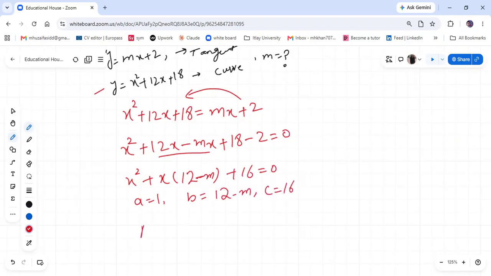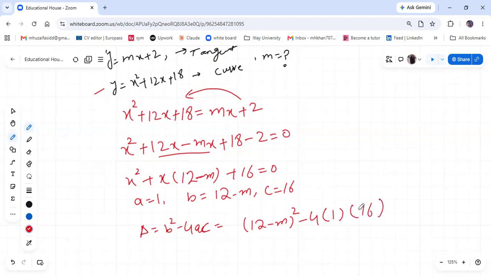So our discriminant is equal to b square minus 4ac. So b square is equal to what? 12 minus m whole square, minus 4 times a, which is 1, times c, which is 16. Now we set this equal to 0.